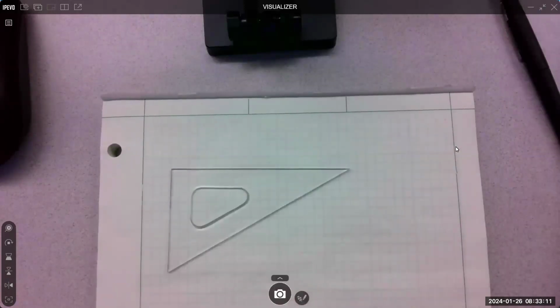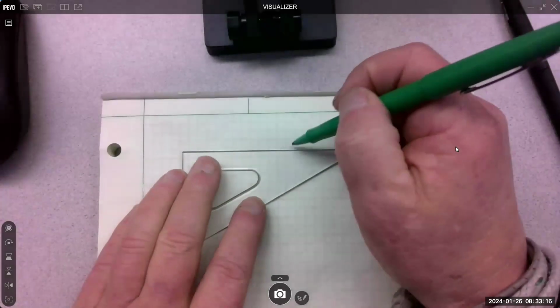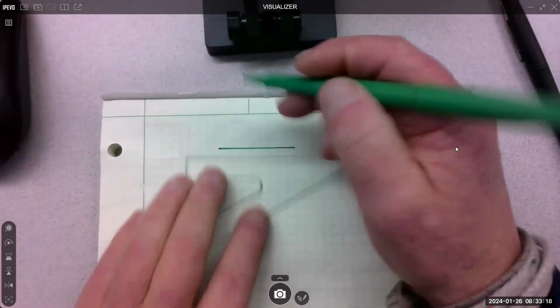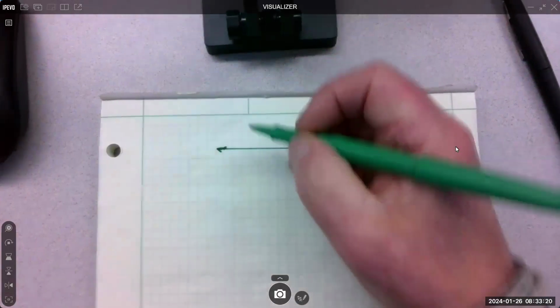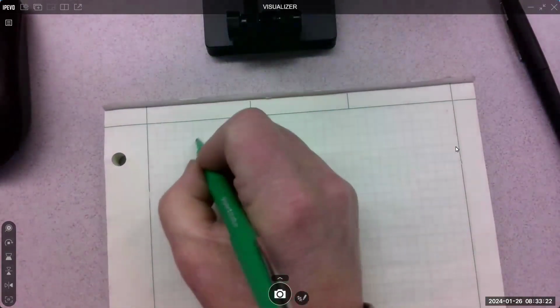Which one is 10? Calculate the resultant force on the screw eye. Ten is pretty much the same.